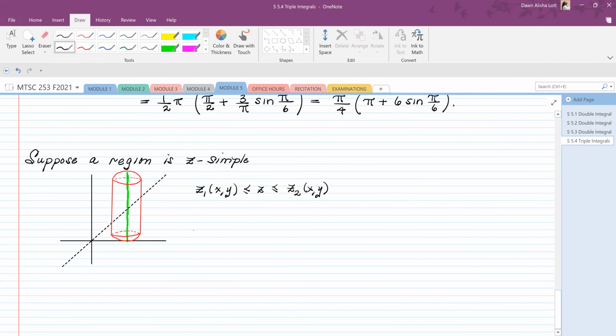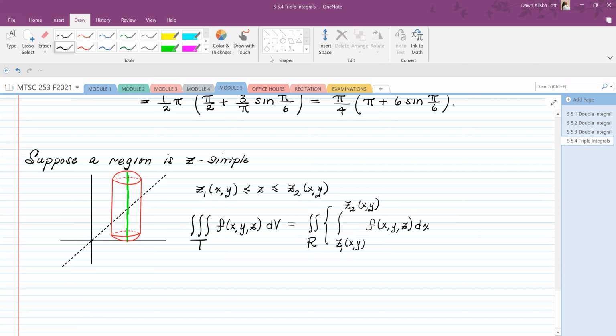So now the triple integral over T of F of X, Y, Z dV is simply equal to the double integral over the region times the integral from Z1 of XY to Z2 of XY, F of XYZ, and then dZ dA.